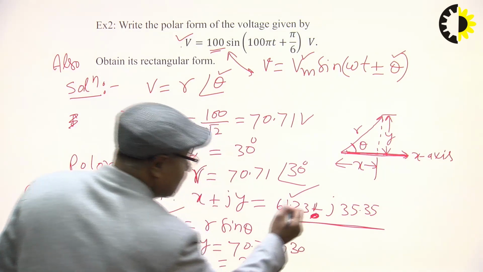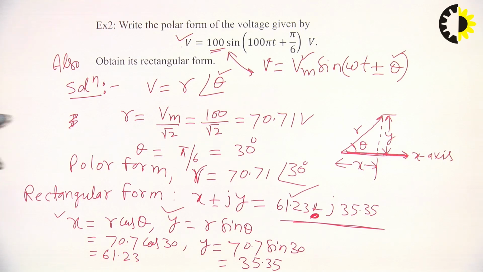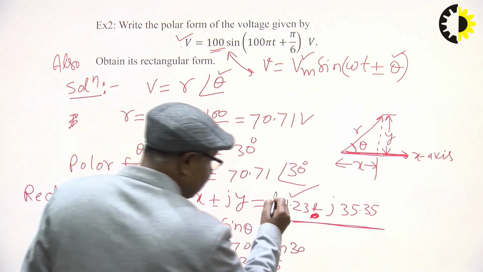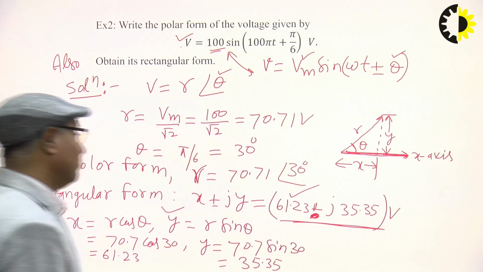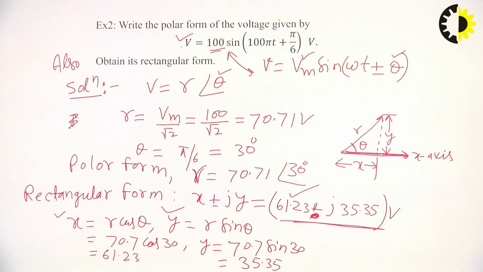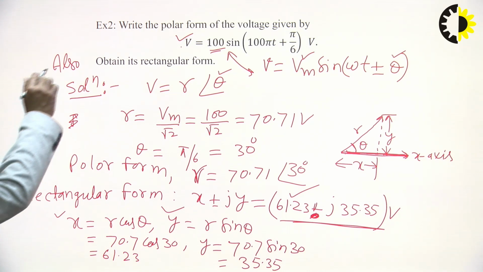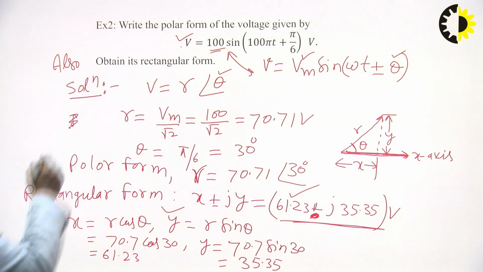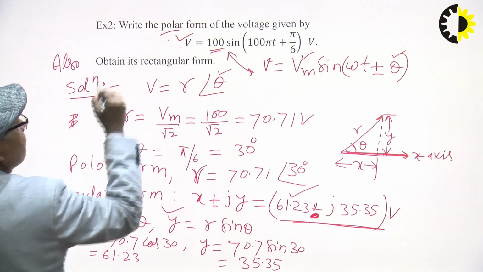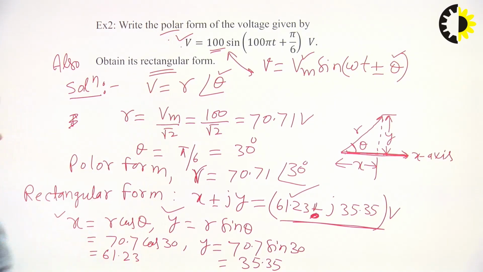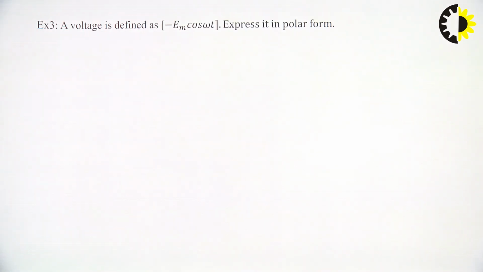It is 61.23 plus j 35.35, and since it is voltage, the unit will be volt. So our AC quantity was given in standard form, and we have calculated the polar form and also the rectangular form. This is how we can convert our AC quantities from one form to another.